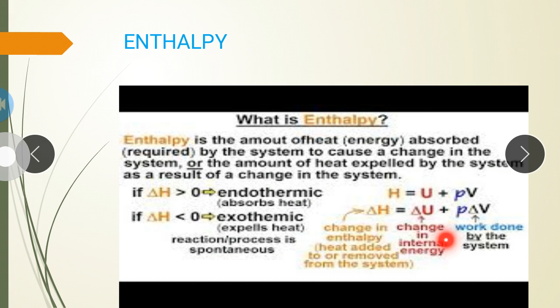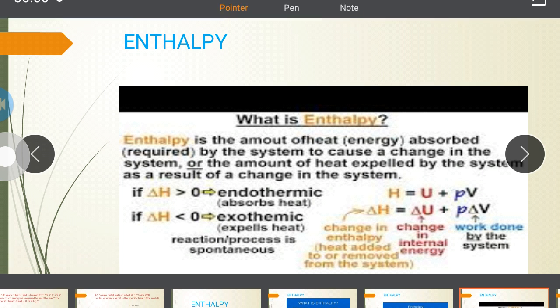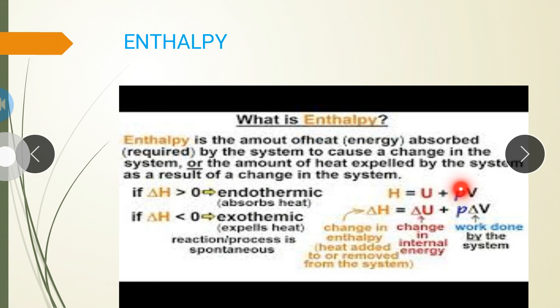What kind of change occurs in internal energy. And here PV, P is pressure, V is volume, and P delta V is the work done, actual work done by the system. Okay, so work done by the system.